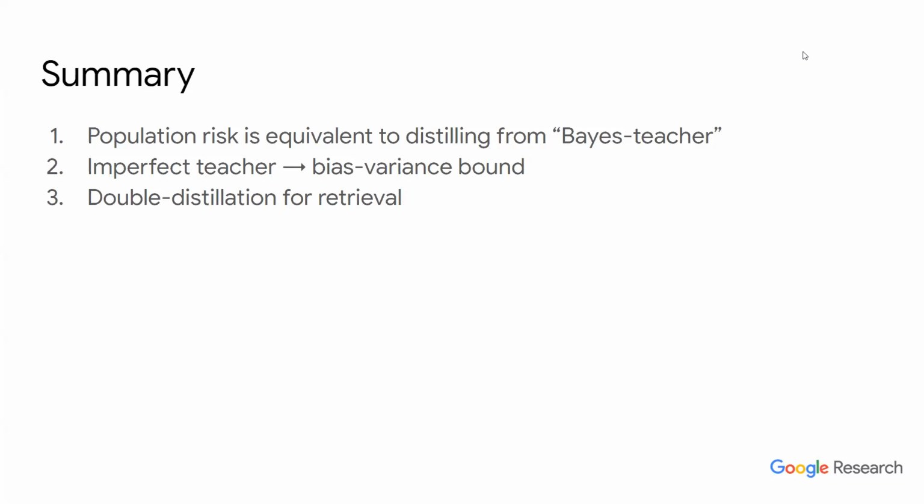You also want to note that a more accurate teacher in terms of top-one accuracy sometimes doesn't lead to a better student distillation. And we also covered double distillation for retrieval, but I think this is probably kind of specific.